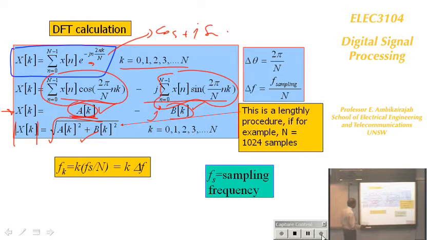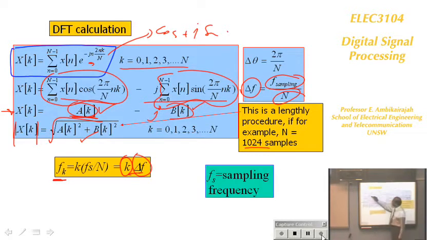And if you want to find out your frequency position, if you know what position you're looking for, k equal to 0, then frequency is 0. K equal to 1 is the first resolution, then second resolution, third resolution. If you want to find delta f, your frequency resolution, take the sampling frequency and divide by N. This is a lengthy procedure if, for example, N is 1024 samples.